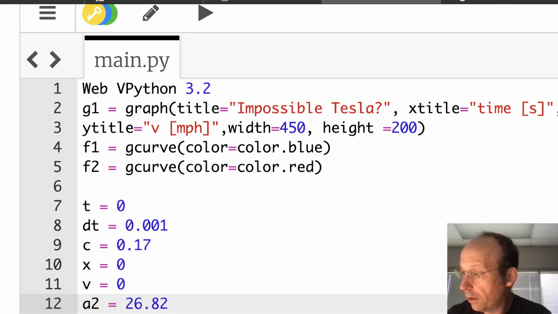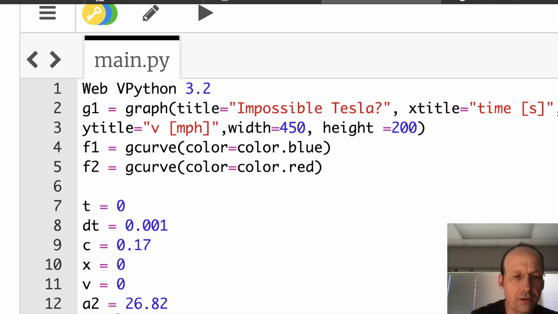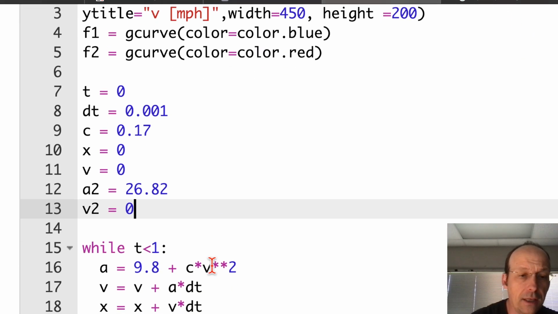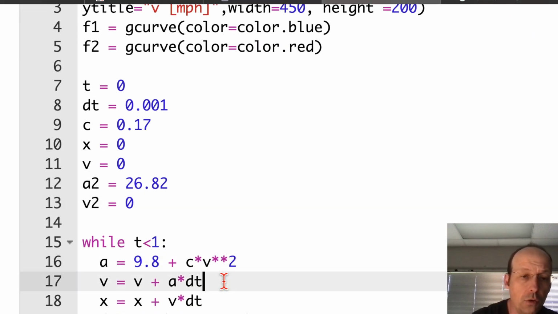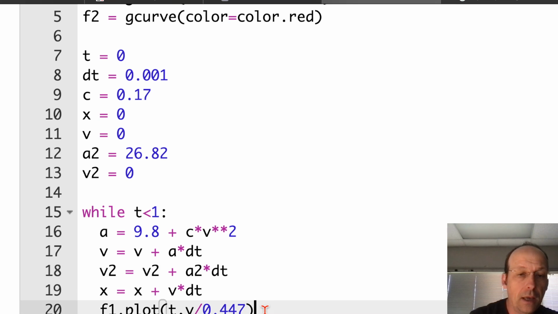Wait, is that what I calculated? Yeah, that's acceleration. And I'm going to need another variable to plot. I only care about the velocity, so let's call this V2 is 0. And then down here, I'm going to update V2. V2 equals V2 plus A2 times dt, and then I can plot that. F2 dot plot T V2 divided by 0.447. Let's just see what happens there.